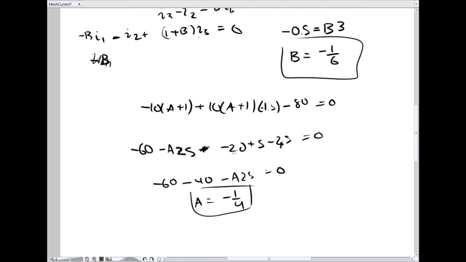This is minus 40 here. It's minus 60. So you get minus 100. Move to the other side. It's plus 100 divided by minus 25, and you get minus 4 instead of minus 1/4.